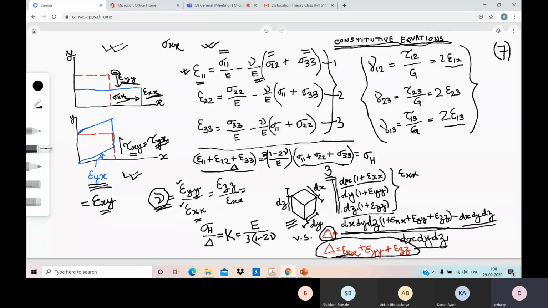So you see, different moduli are actually related to each other. Similarly, E and G are related. Elastic modulus and shear modulus are related.